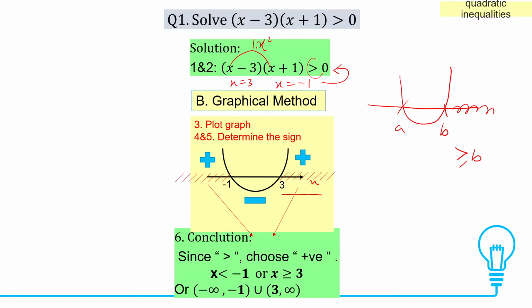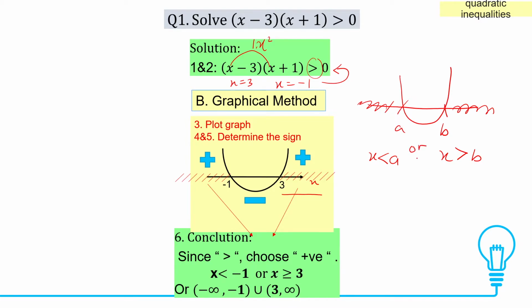It depends on this one. This one is without equal, so we don't have the equal. And this side, on my left-hand side, the value is less than A. So normally the left-hand side and the right-hand side come as a pair: either your x is less than A or your x is greater than B.